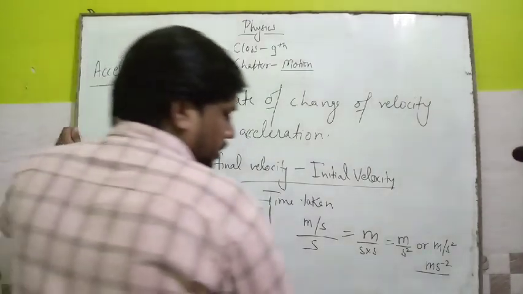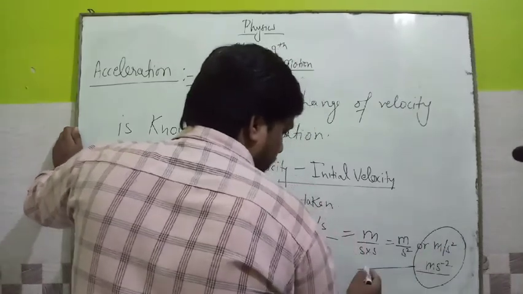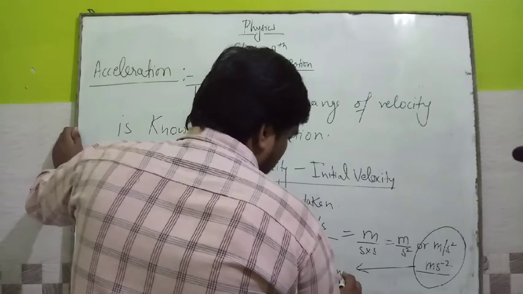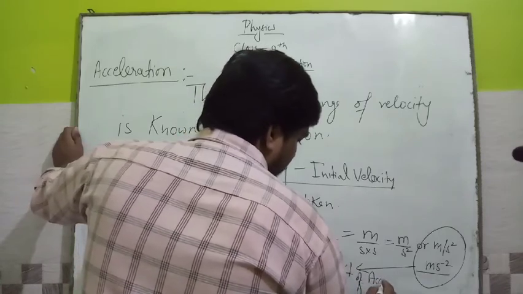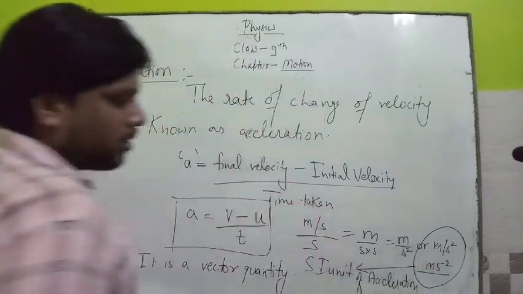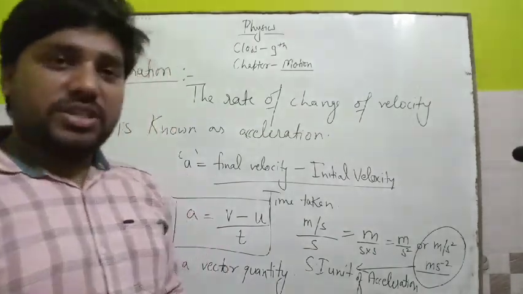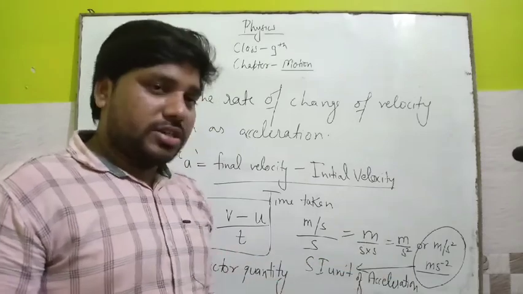This is the SI unit of acceleration. So here is how you find it: we know the unit of acceleration is meter per second square, but we also know how to find the unit of acceleration. Clear all of you?